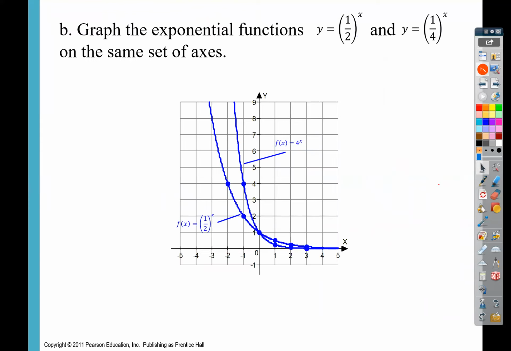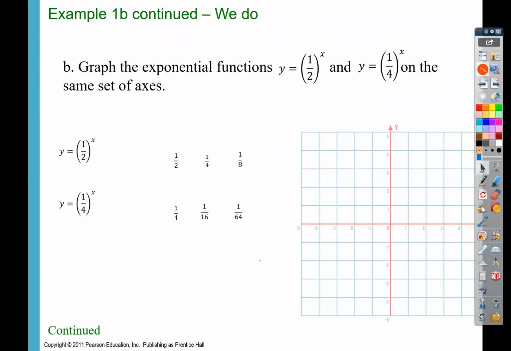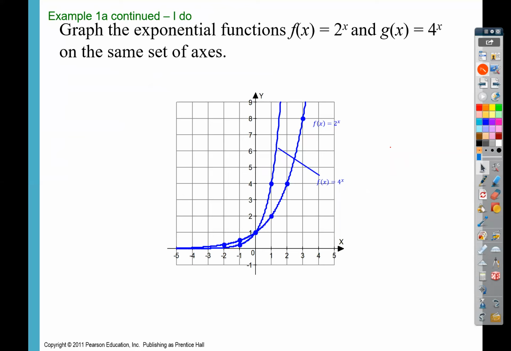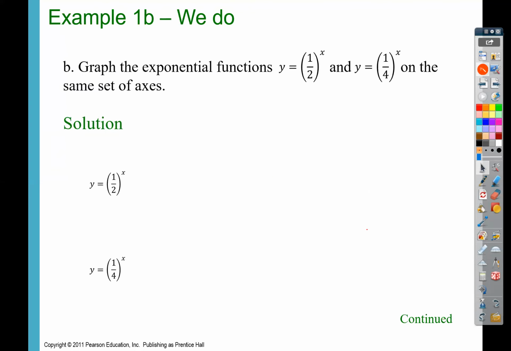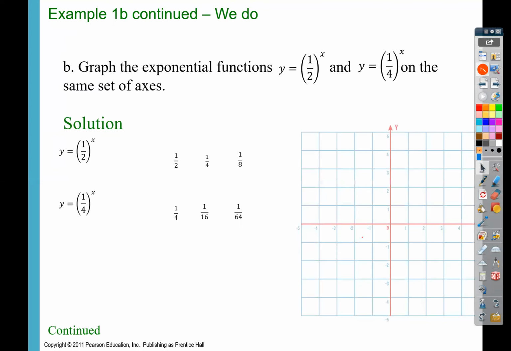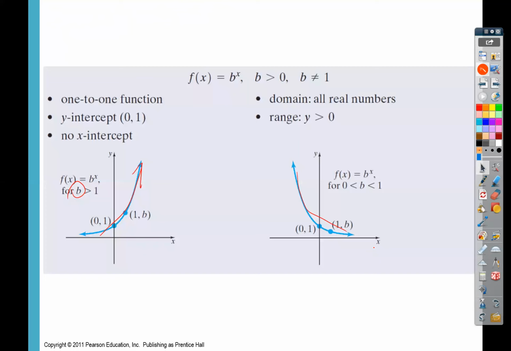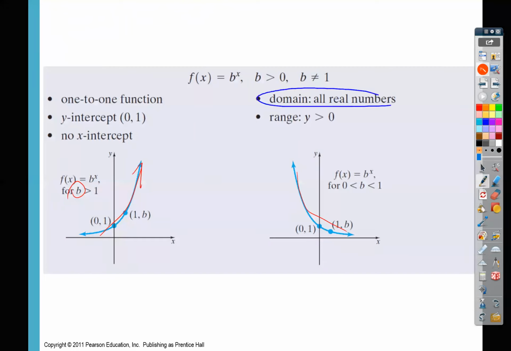So watch, I'm going to go back to those slides, and you'll see in example A, b was greater than 1, so the graph goes up from left to right. In example B, b was less than 1, so the graphs go down. That's what that's showing, okay? Now, the domain for all of this is all real numbers, and the range just depends on where your graph is.